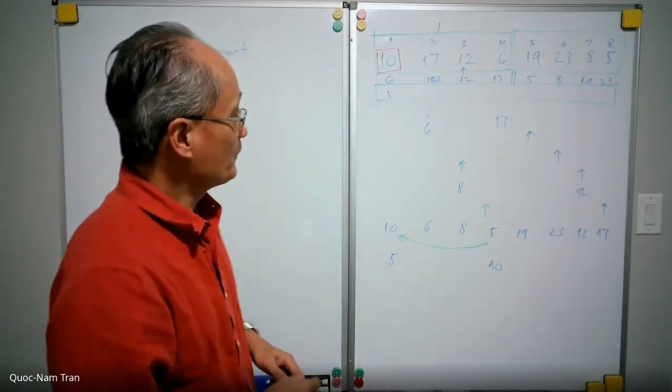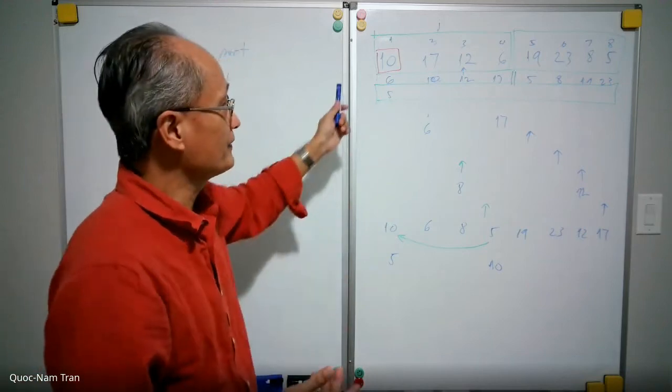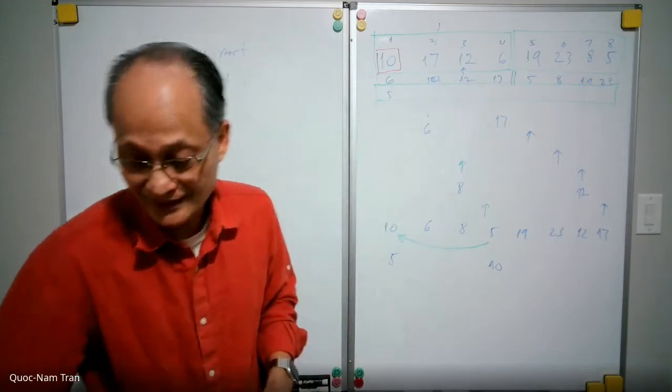What is the worst case situation for quicksort? Now, let's see what will happen if I have the list is already sorted.